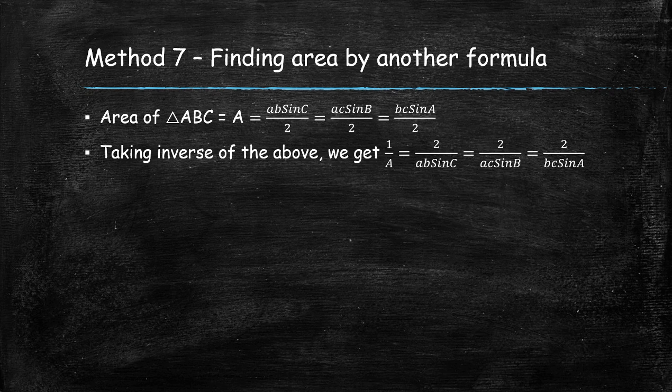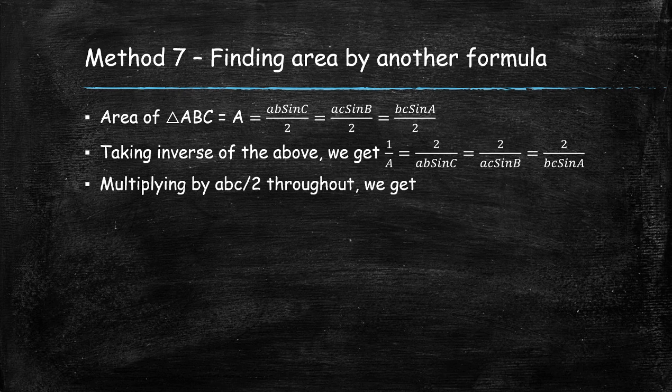Now if we take the reciprocal of it, so the area is A, if we take 1 by A, we get 2 by AB sin C equal to 2 by AC sin B equal to 2 by BC sin A. Now we multiply all three by ABC by 2, so that we can remove the 2. You can see the 2 in the numerator.